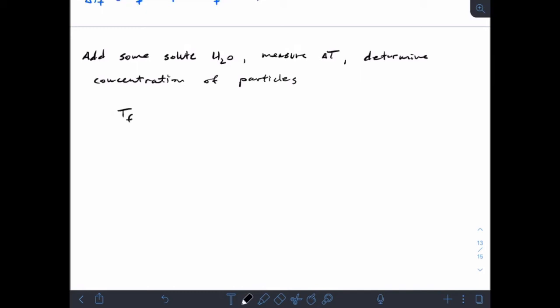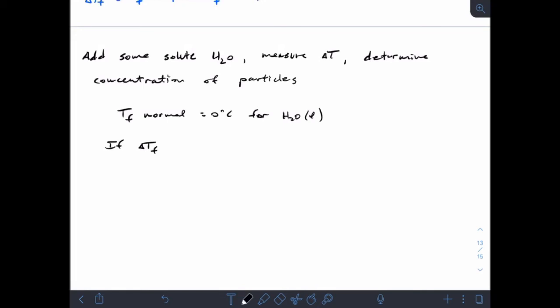Okay. So TF normal for water is 0 degrees Celsius. For H2O liquid, water freezes at 0 degrees. Okay.